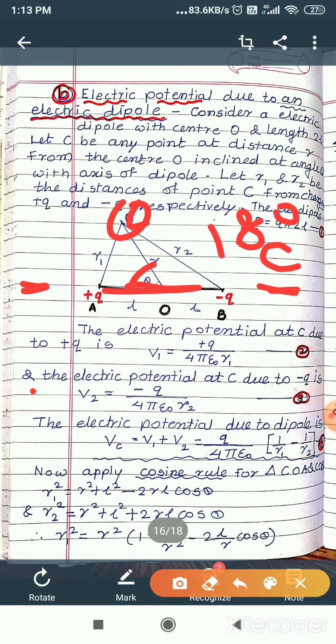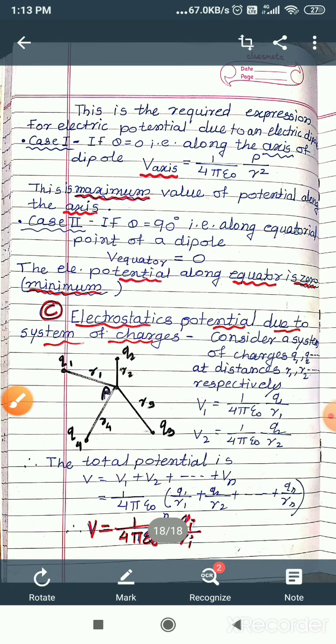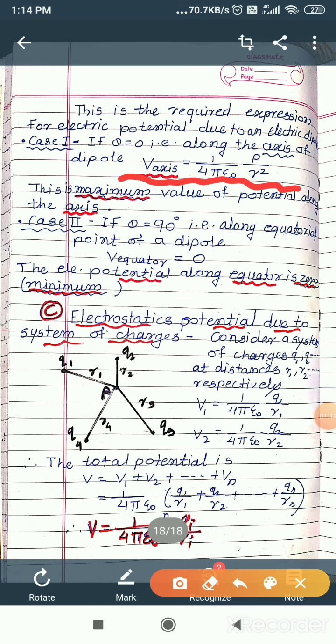And if point C is along this line, then theta will be 0. Thus, if the angle between point C and the axis is 0 or 180 degrees, that point will be an axial point and the electric potential will be maximum, and its value is 1 upon 4 pi epsilon 0 p upon r square. Maximum value you will get along the axis.